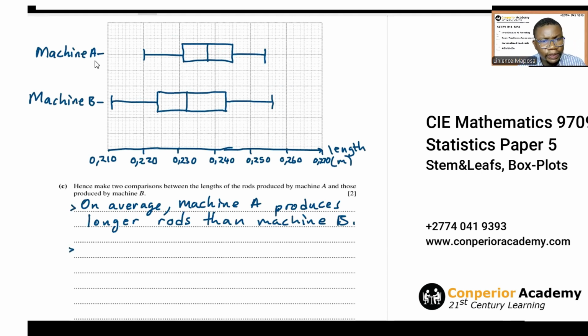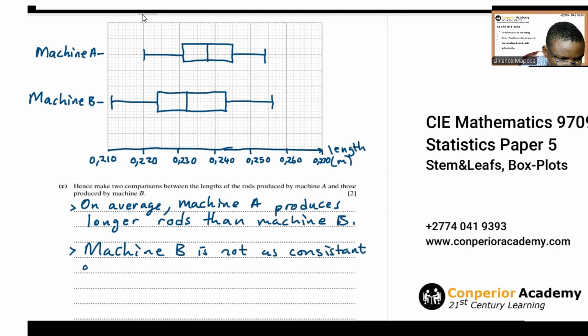The other comparison is about the spread. Machine B is not as consistent. It's not as consistent as machine A. Okay, so we are done.